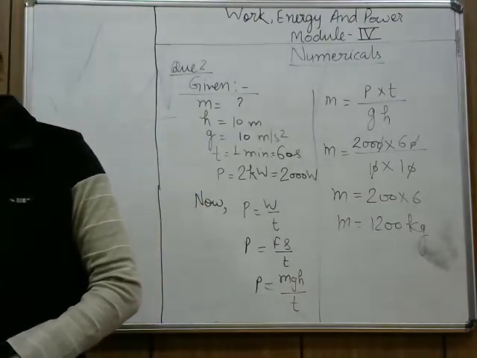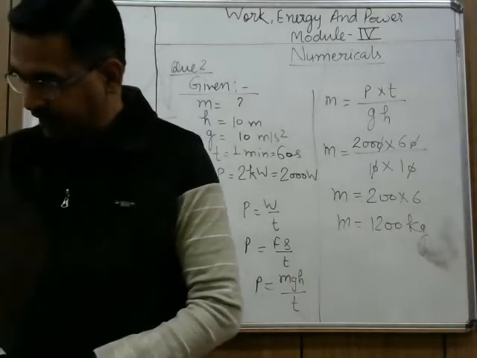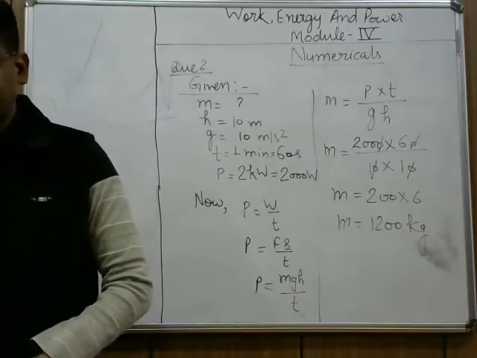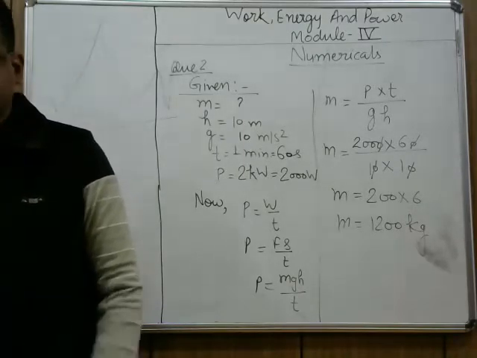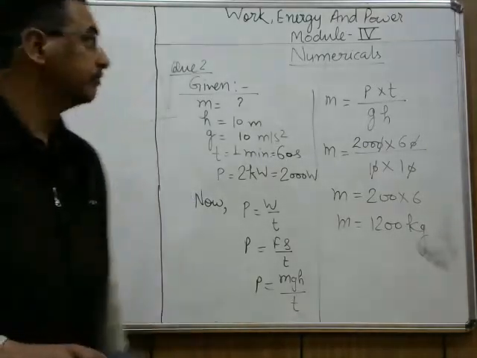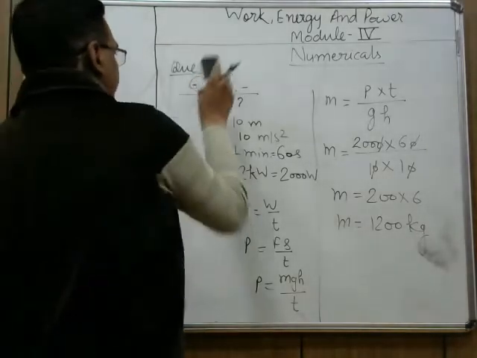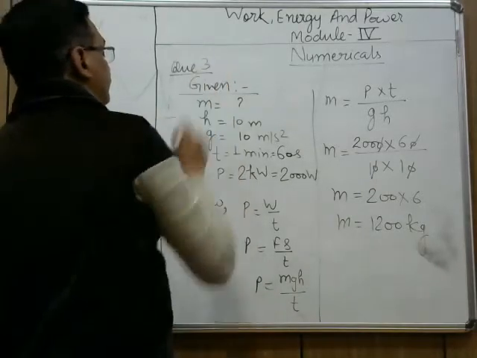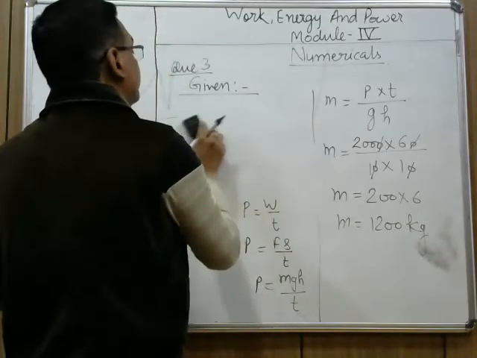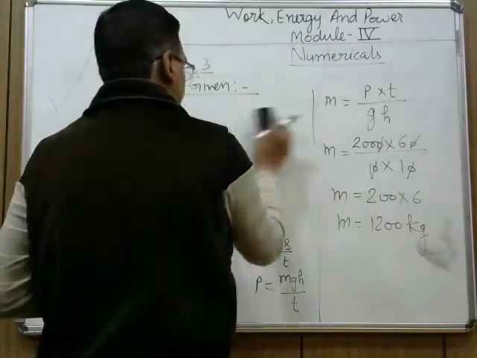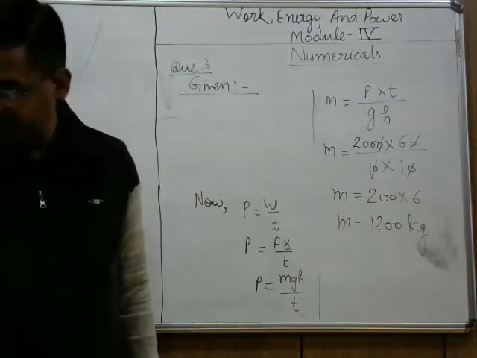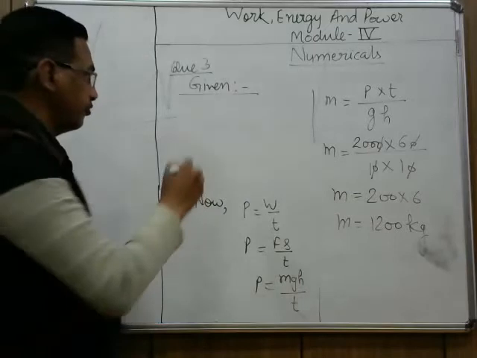The density of blood is 1.03 into 10 to the power 3 kg per meter cube. Take g equals 9.8 meter per second square. So, in this question also I will note down the given data. The human heart forces 4 into 10 to the power minus 3 meter cube of blood.